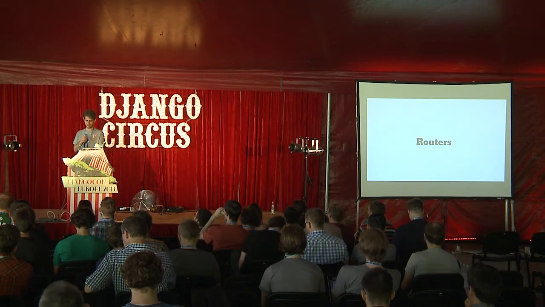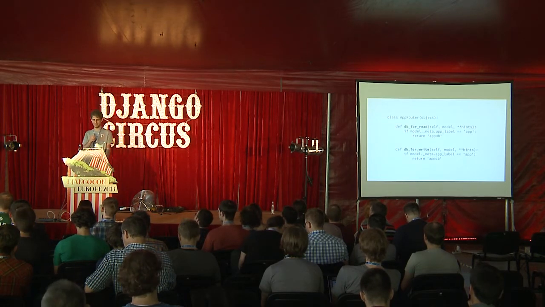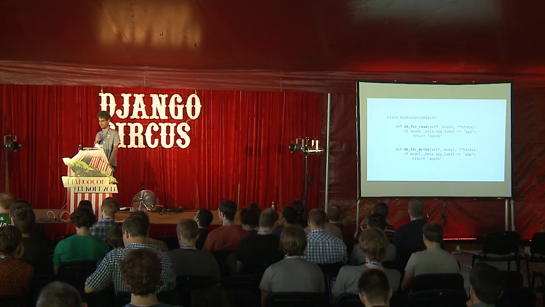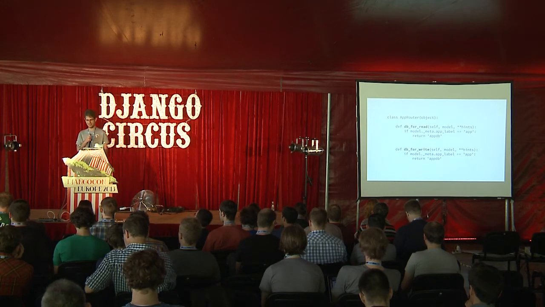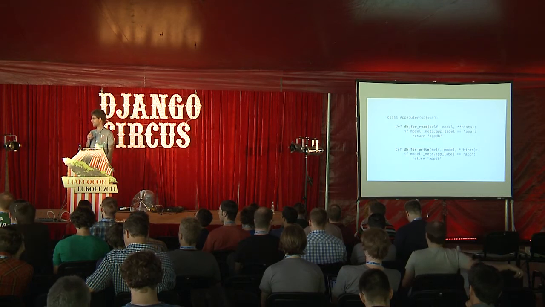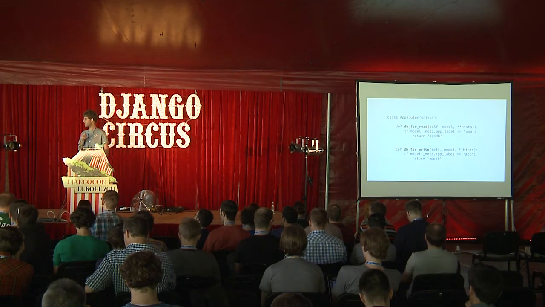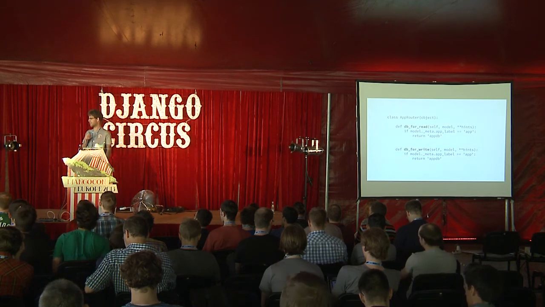I haven't heard about solutions similar to routers in any other system, so they are pretty great. This is like the simplest router. The router needs to have at least one of these methods, like db_for_read or db_for_write. And basically it takes a model and returns the key of the database that you want to use.